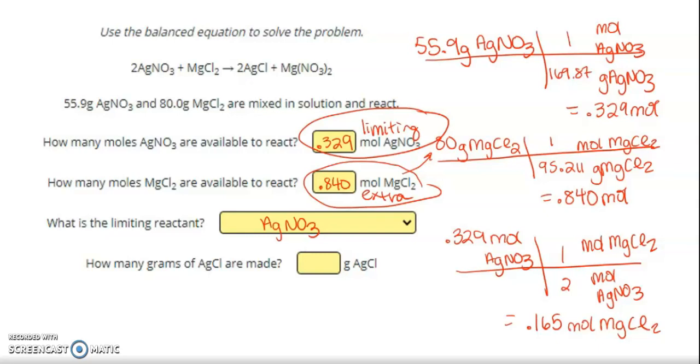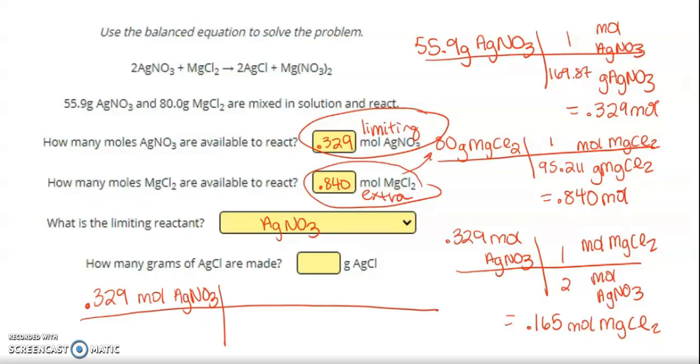Now we're going to figure out how much stuff we're going to make. How many grams AgCl? We're only going to use the amount of AgNO3 to start with. We're not going to add the MgCl2 into it. We're just going to use AgCl. So we're going to use our number of moles, 0.329 moles AgNO3, and get to grams AgCl.